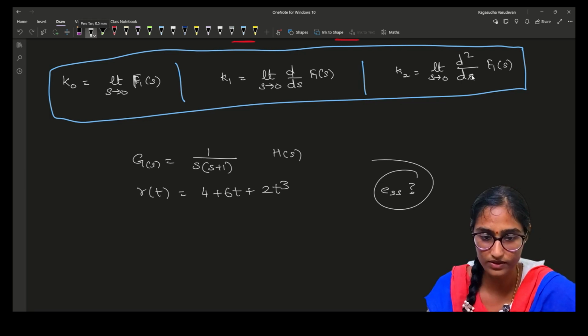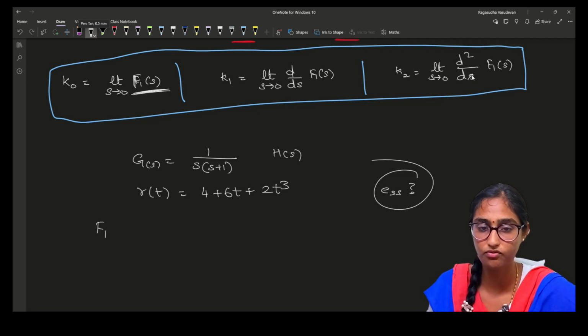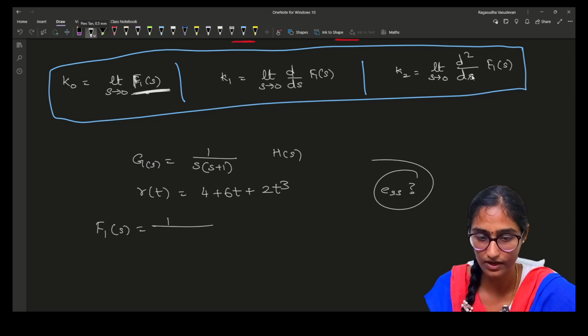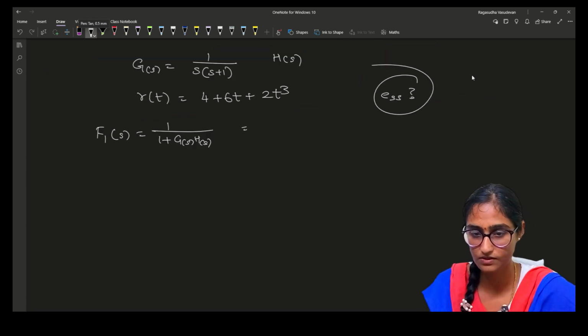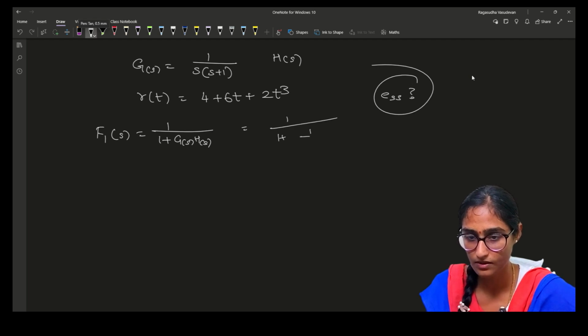So the first step is we have to find out f1 of s, even before finding K0. What is f1 of s? 1 divided by 1 plus G of s into H of s. This is equal to 1 divided by 1 plus 1 by s into s plus 1.